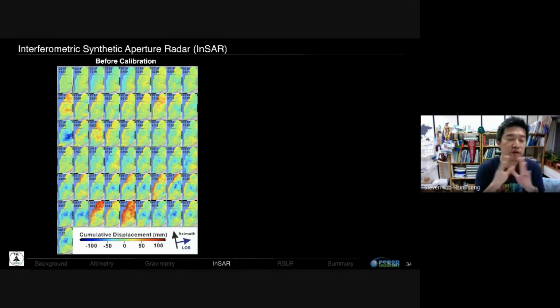So no matter which kind of strategy, even if it's a small baseline subset or PS-InSAR, most of the time the data are going to be contaminated by some bad images, I would say. The bad images mean that sometimes there are orbital problems, sometimes atmospheric corrections are not removed very well. Sometimes there are other effects like ionospheric anomaly and so on.